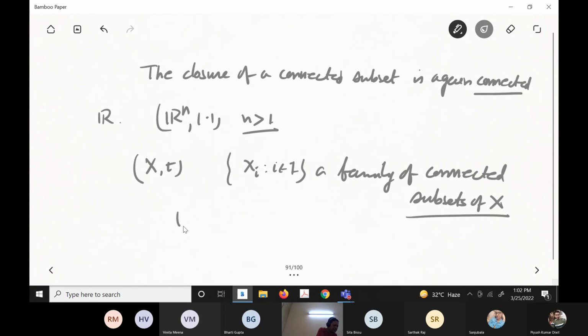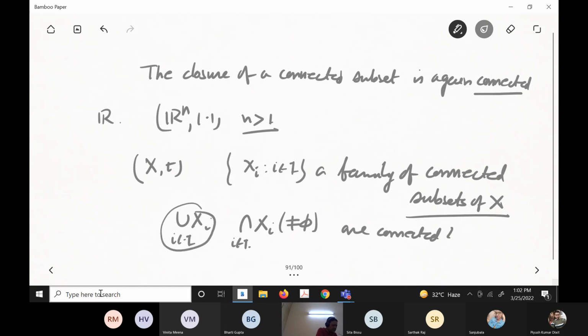Then the question is whether this will be connected, their union and intersection. Of course, if it is non-empty, because for the empty set we don't define whether it is connected or not. Look, this one you can immediately say no, it need not be true.